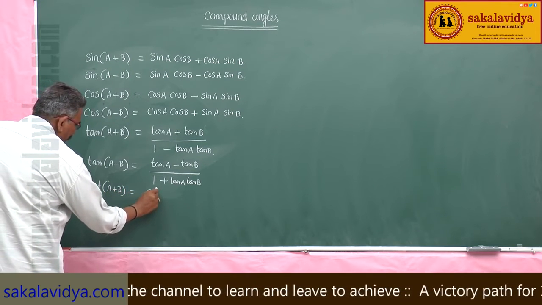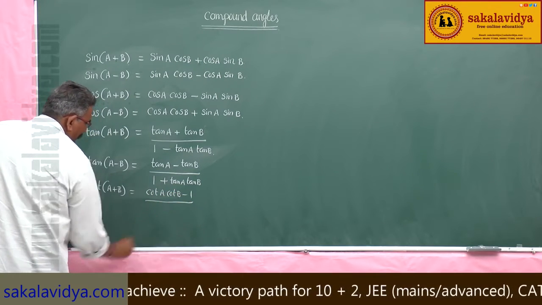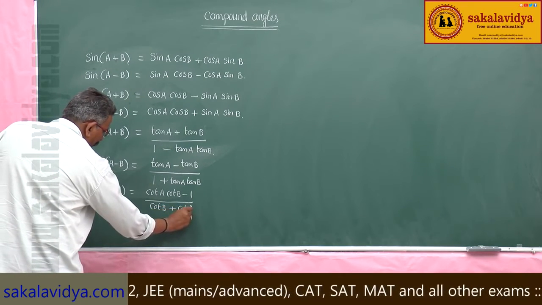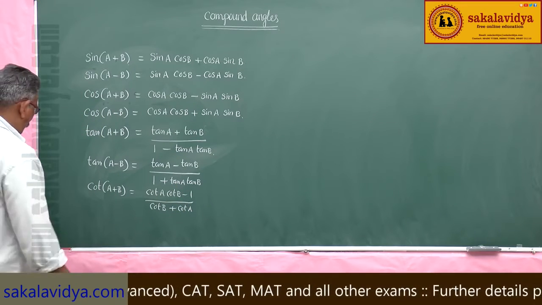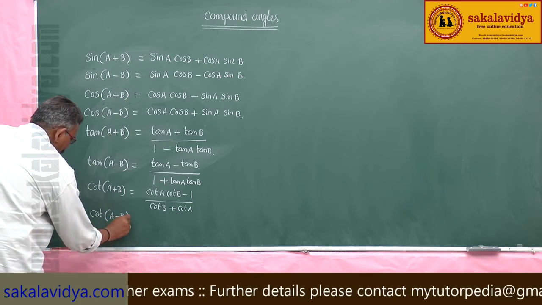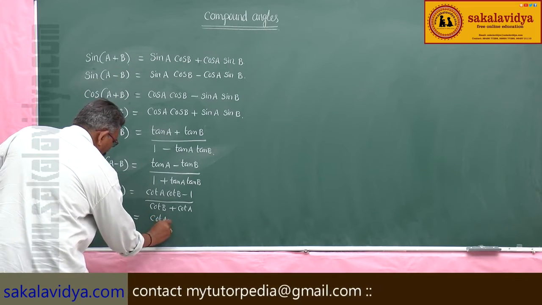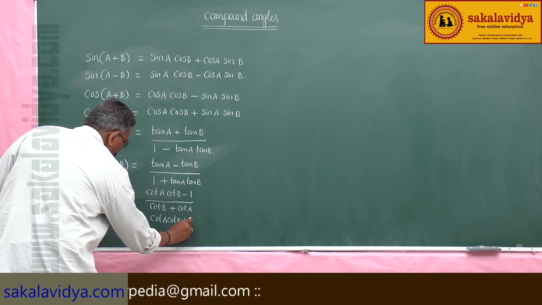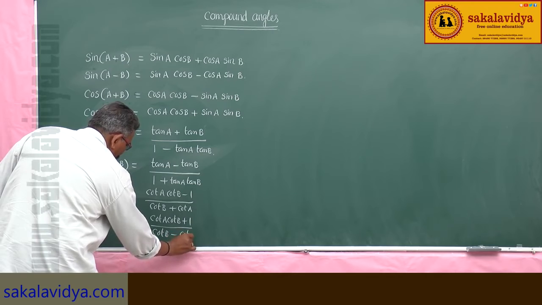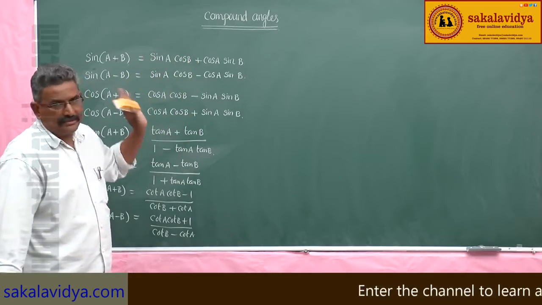Cot of A plus B is cot A cot B minus 1 by cot B plus cot A. Now cot of A minus B. Cot of A minus B equals cot A cot B plus 1 by cot B minus cot A. Okay. So these are the basic formulae in compound angles.